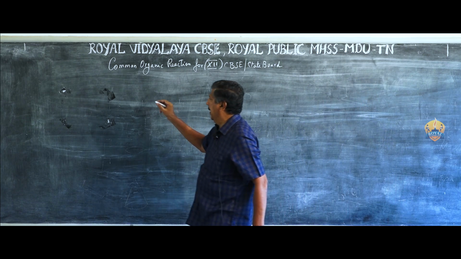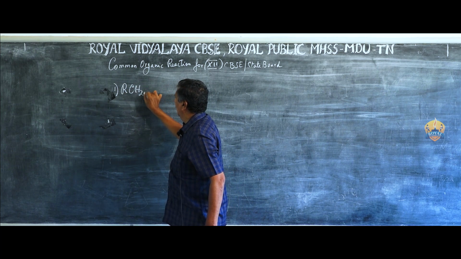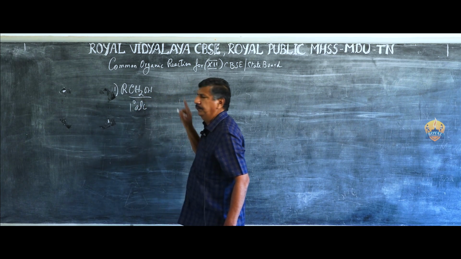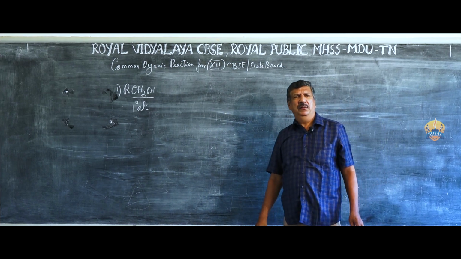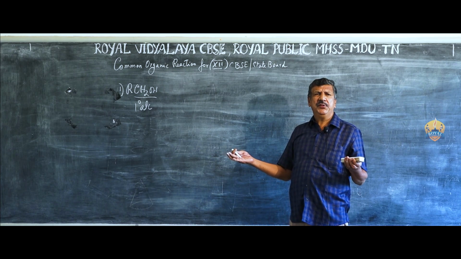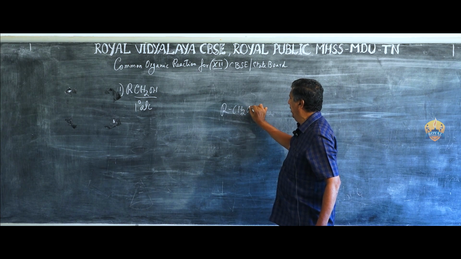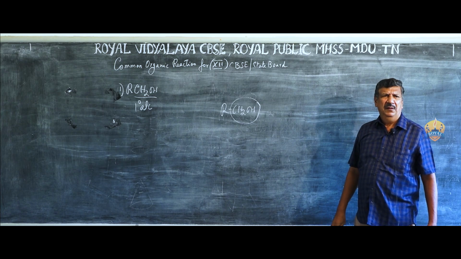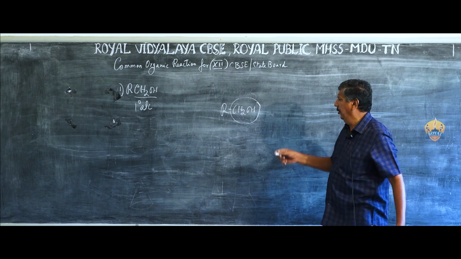First one, I'm going to take this one. This is called 1 degree alcohol, which means primary alcohol. What are the primary alcohols? Any compound containing CH2OH is called primary alcohol. I can give many examples. For example, you can write this one.